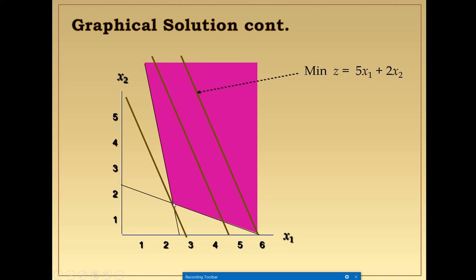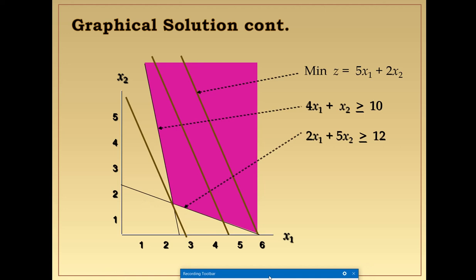Again, if you didn't use the graph paper, you need to solve the constraint 1 and constraint 2 simultaneously. Selesaikan secara serentak. Everybody already get the coordinate of this extreme point.